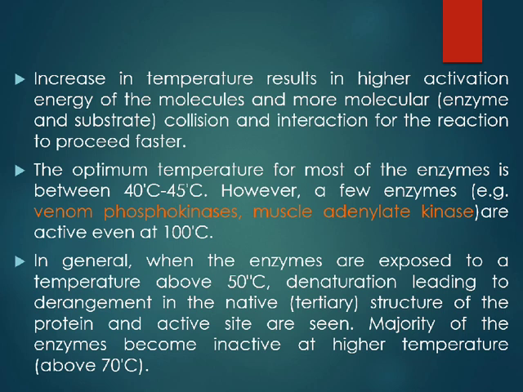We all know that enzymes are made up of protein and they are thermolabile in nature. So as the temperature exceeds 50 degrees Celsius, its basic structure is lost. And the primary requirement for the enzymatic reaction, the active site, will degrade, and the enzyme is not capable of doing its work.